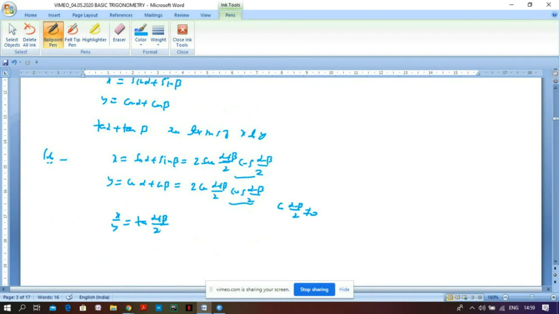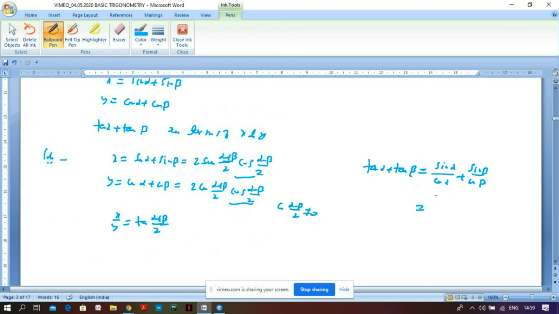Now x over y is tan of this, but you want tan alpha plus tan beta. Right now we don't get this directly, but I can write tan alpha plus tan beta, the quantity I want, as sine alpha by cos alpha plus sine beta upon cos beta.